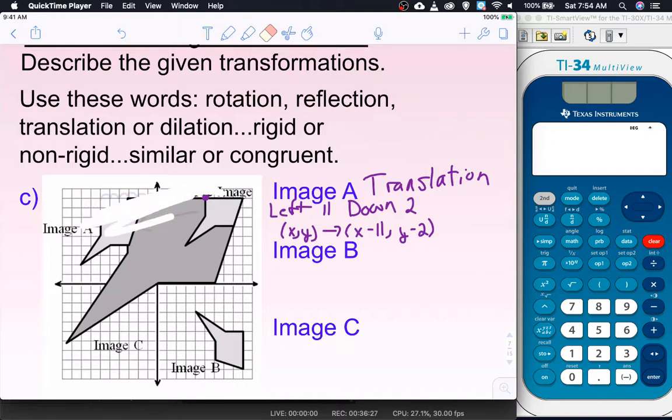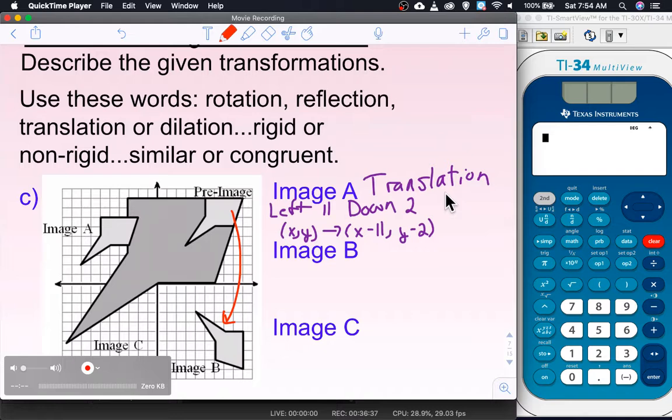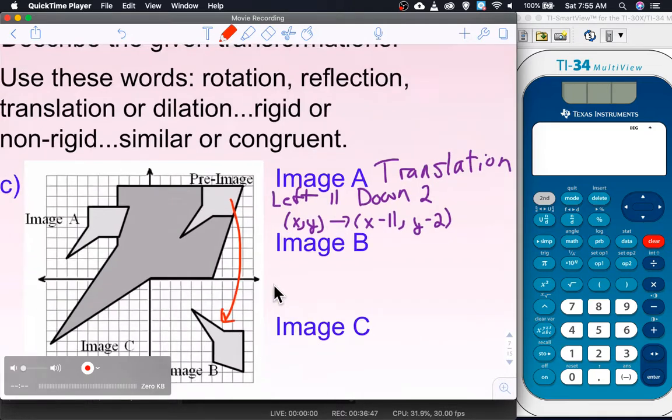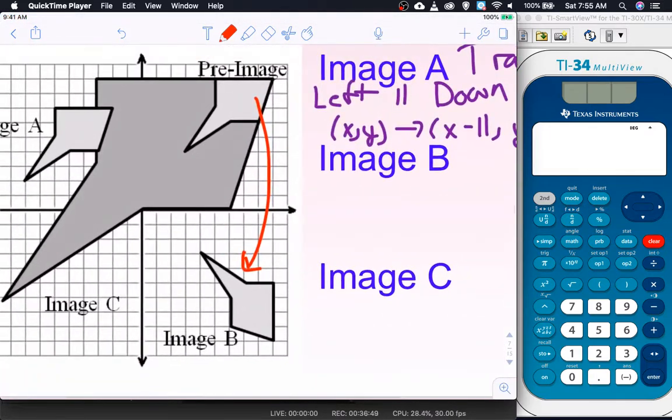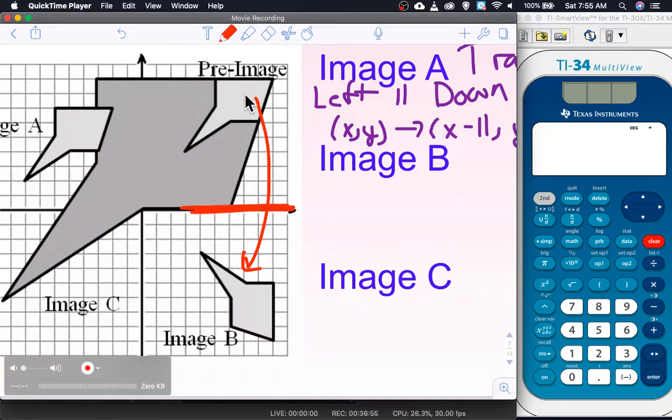All right, pre-image to image B. So I'm going from this thing here to this thing here. Now, I know it's definitely not a translation. It's not a dilation. This is either a reflection or a rotation. So let's see. Maybe I'm imagining it's reflecting across this line right here, the x-axis.